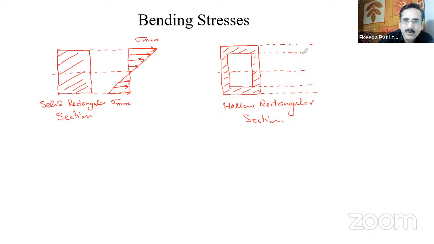If I draw the bending stress for this case, it is simply a straight line between the hollow section, and then this is the bending stress. Bending stress will be varying only on the solid part, right?